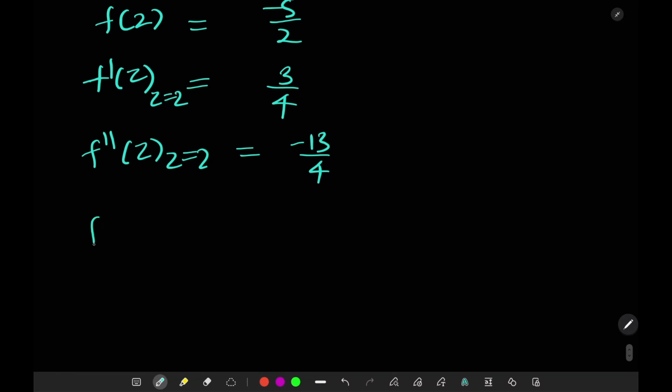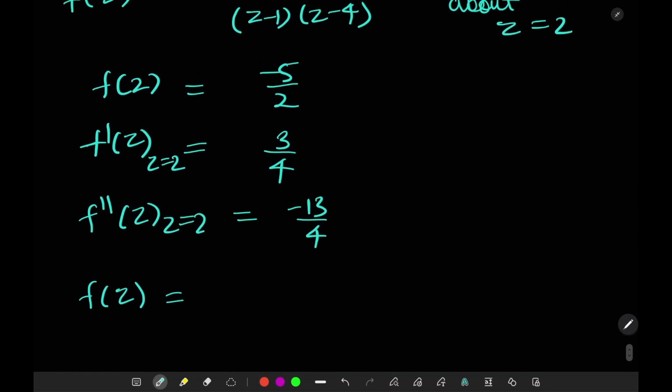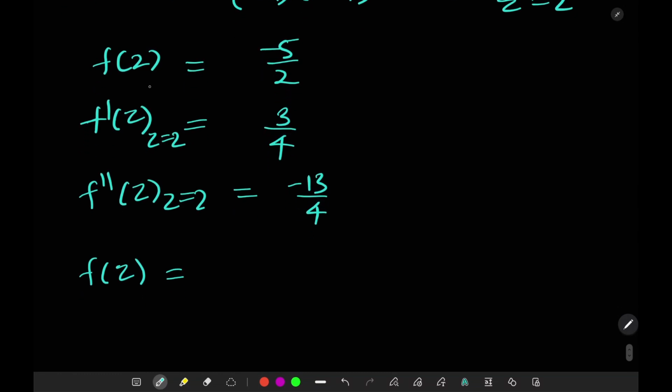Now putting this value in the Taylor series expansion, here first we need to put f(a). So f(a) is f(2), so this, and second is this value 3 by 4 into (z minus 2).